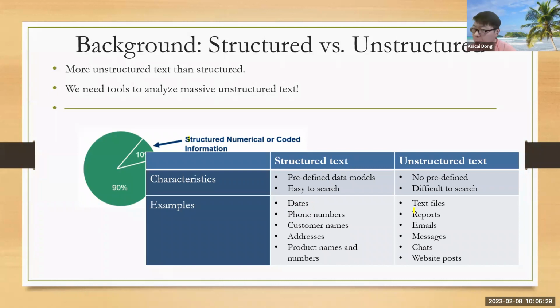Unstructured text is something else, like a text file, a Word file, an Excel file, reports, emails, messages, chats, and website posts. This data is more common in our real life scenario, and it is more important for us to understand. That is what natural language processing is doing.